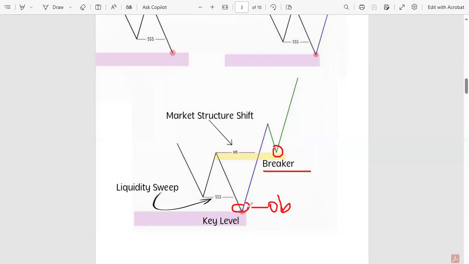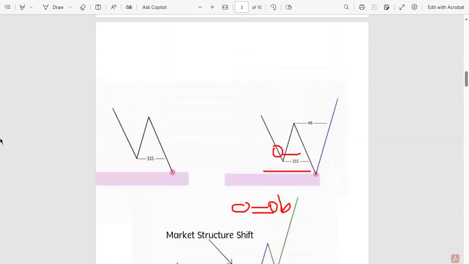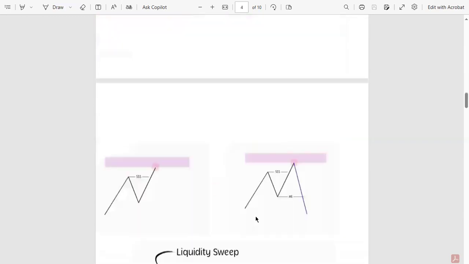Your buy limit, sell limit, or any of your entry points in the area where you expected price to come into this order block is not going to be triggered, because price is just going to react on this breaker block and go higher. Okay, the same way in the opposite direction, if the sellers are in control, you will see the same thing happening. So it's very important to consider this.